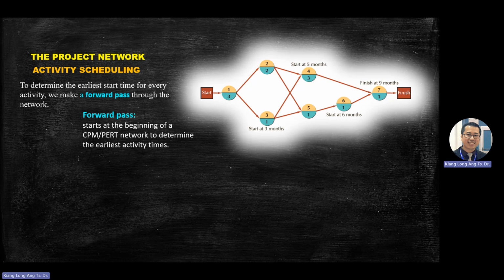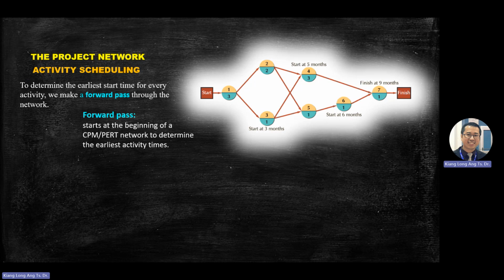Now, how to memorize forward pass and backward pass? The numbers on the top, which are the earliest component, you do forward pass. You want to throw into the basketball ring, so you throw forward. You want to throw to the back, you do a backward pass.